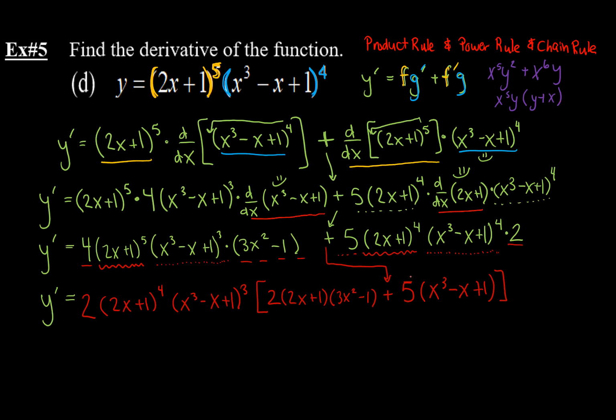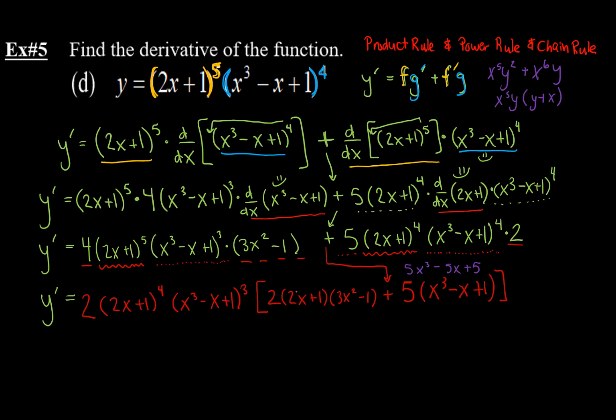So I'm going to cheat a little bit because I'm kind of running out of room at the bottom of the screen here. But I'm going to multiply this out. So I'm going to multiply this 5 out. So I've got 5x cubed minus 5x plus 5. And this little stinker right here, I've got to multiply this out.